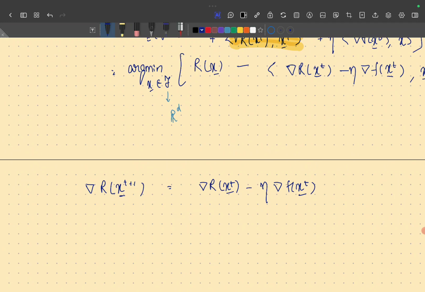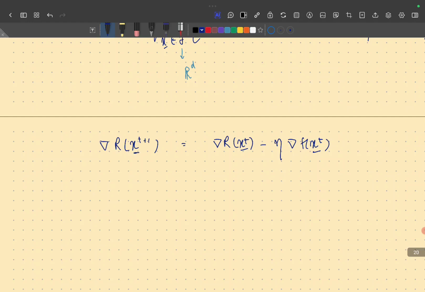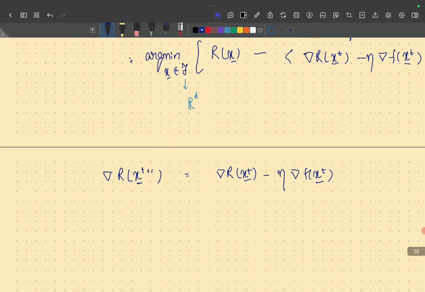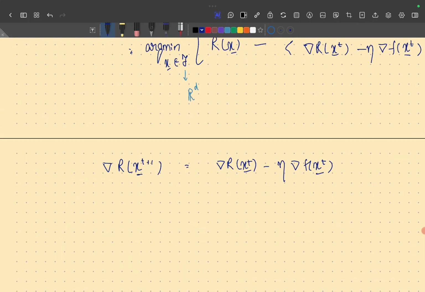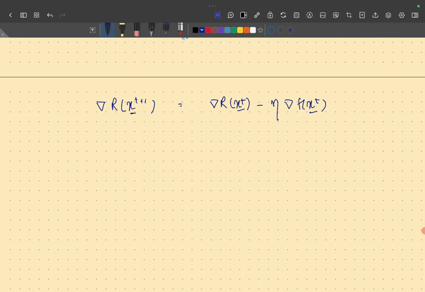Okay, is this okay so far? R is basically something that contributes to the regularization term.